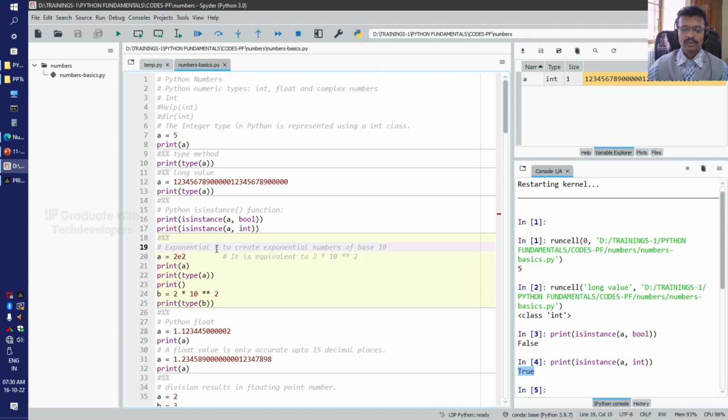So here the exponential e is with respect to the base 10. The default exponential value is 10. So e2 is nothing but equal to 10 to the power of 2. So 2 into e to the power of 2.